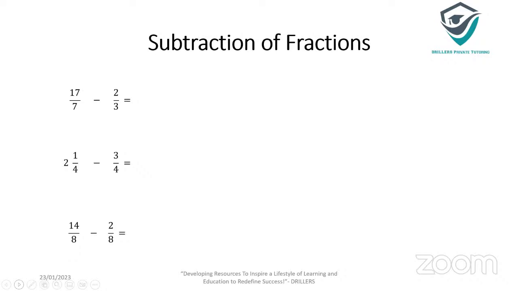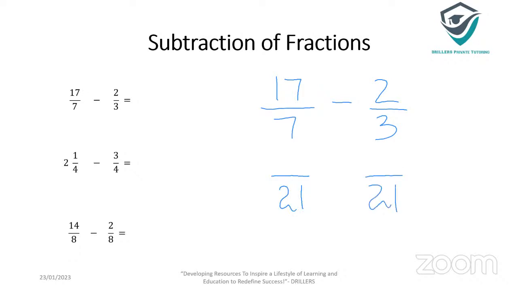So we have 17 over 7, take away 2 over 3. So when we did it before, we knew that the LCM of 7 and 3 is 21. And then when we converted, we got this as 51 over 21.